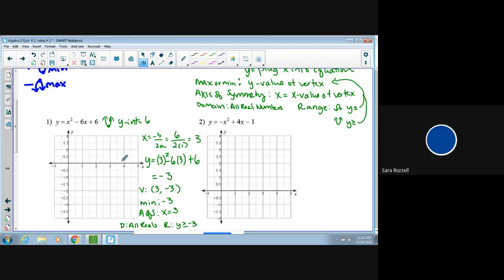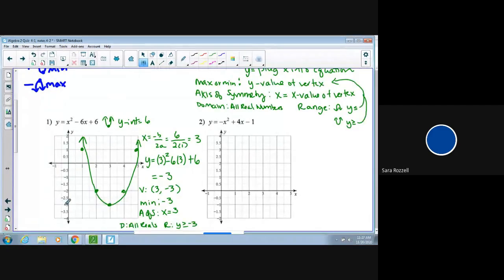So let's go ahead and graph 3, negative 3. Our number in the front was a 1, so we just do our normal pattern. Over 1, up 1, over 2, up 4. And we'll make sure all of our stuff is right. Our vertex is 3, negative 3.